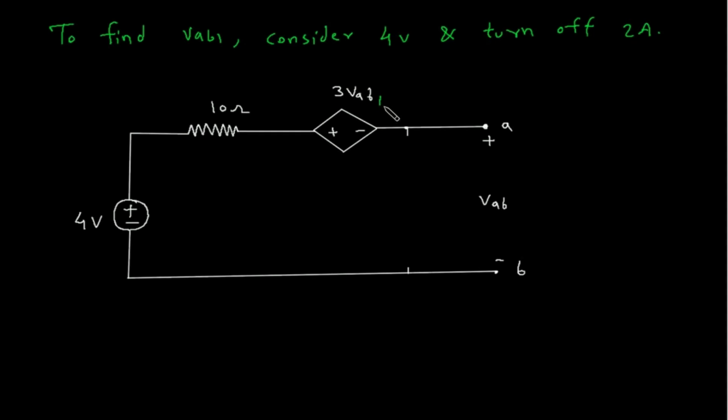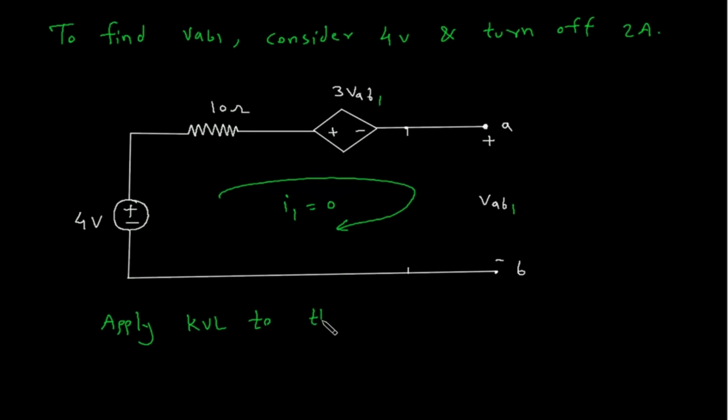This will be VAB1, this will be VAB2, this will be VAB1 also. Now let's assume this is a loop with current I1. As we can see, this is an open circuit, so I1 is equal to 0. So apply KVL to the loop.